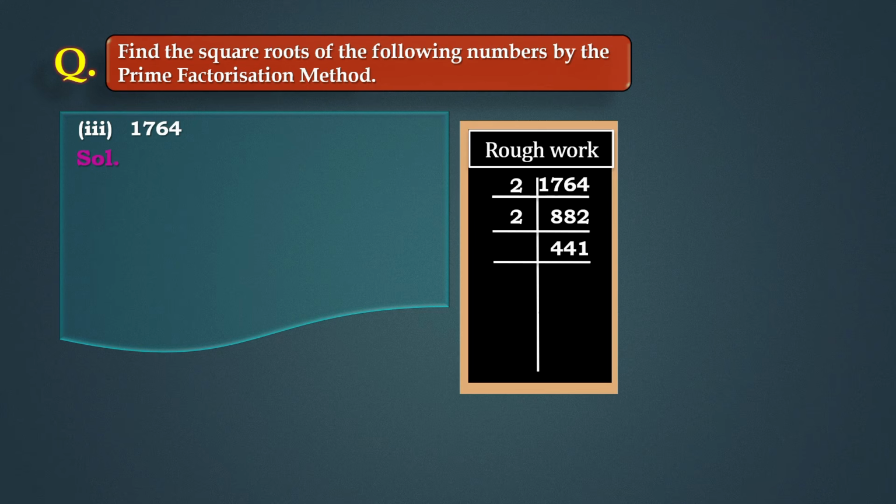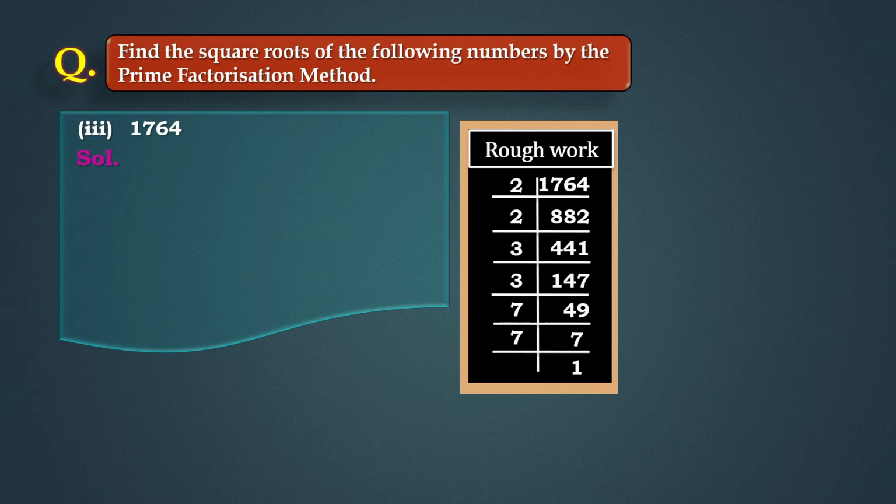Now, 441 is not divisible by 2, so we divide by 3. 441 divided by 3 gives 147. 147 divided by 3 gives 49. Now divide by 7. 49 divided by 7 gives 7. 7 divided by 7 gives 1.